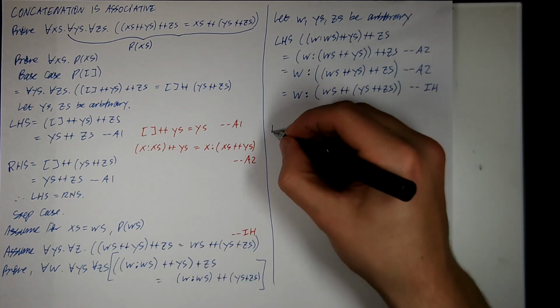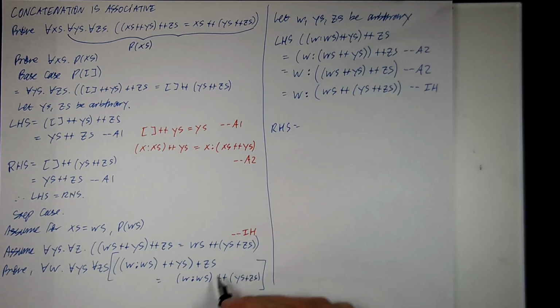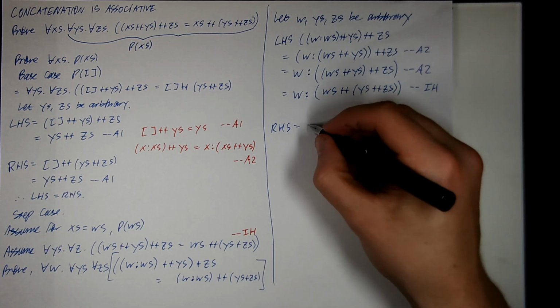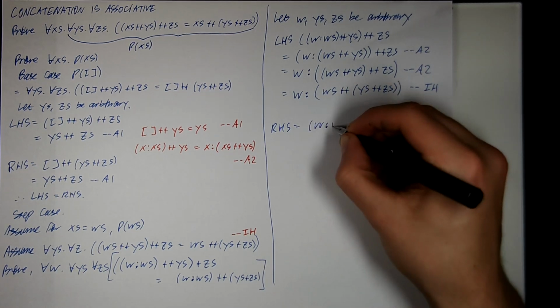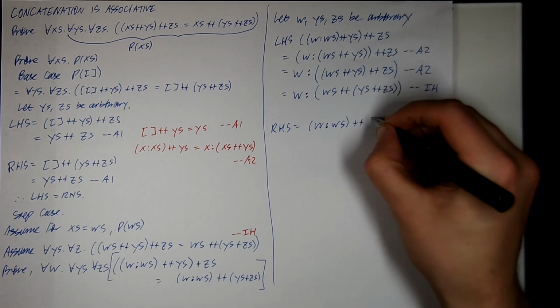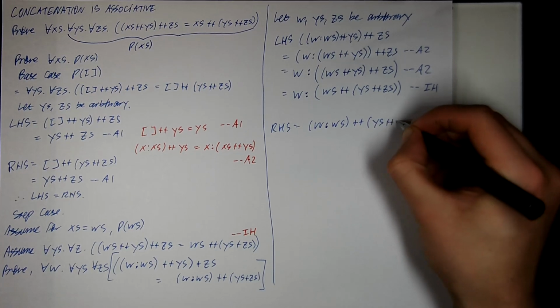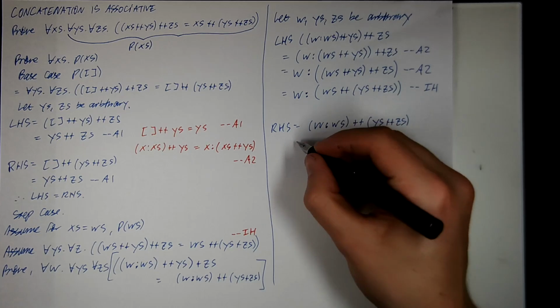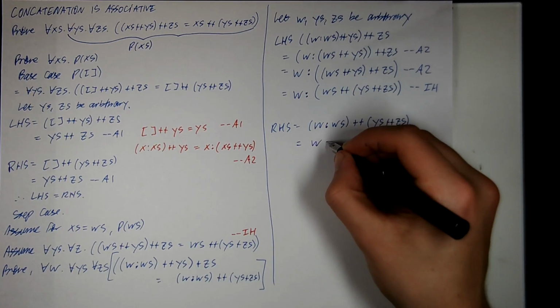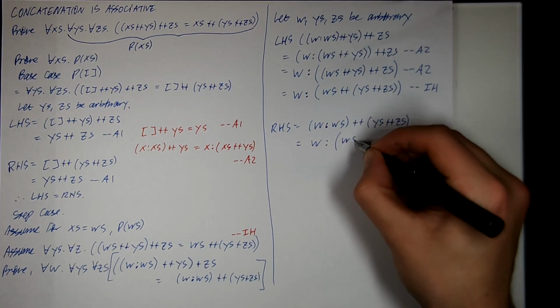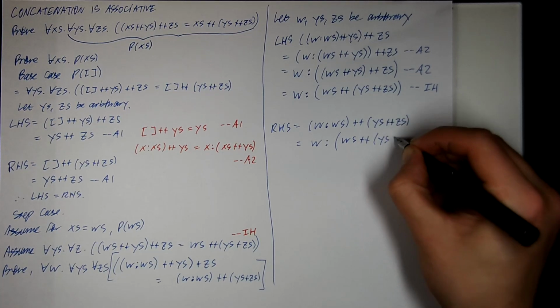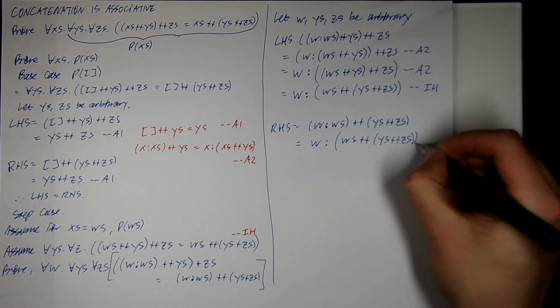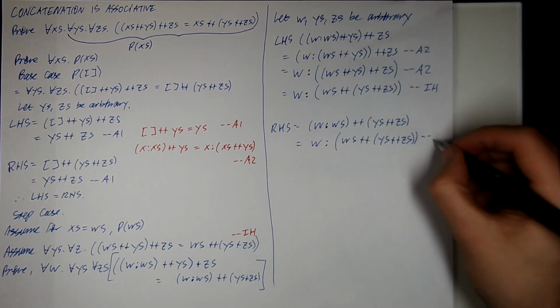At this point I'm going to stop and then try from the right hand side and see if I can make the two terms match. So the right hand side is this term here, (w cons ws) concat (ys concat zs), and by A2 I can take the w at the front to get w cons (ws concat (ys concat zs)) by A2.